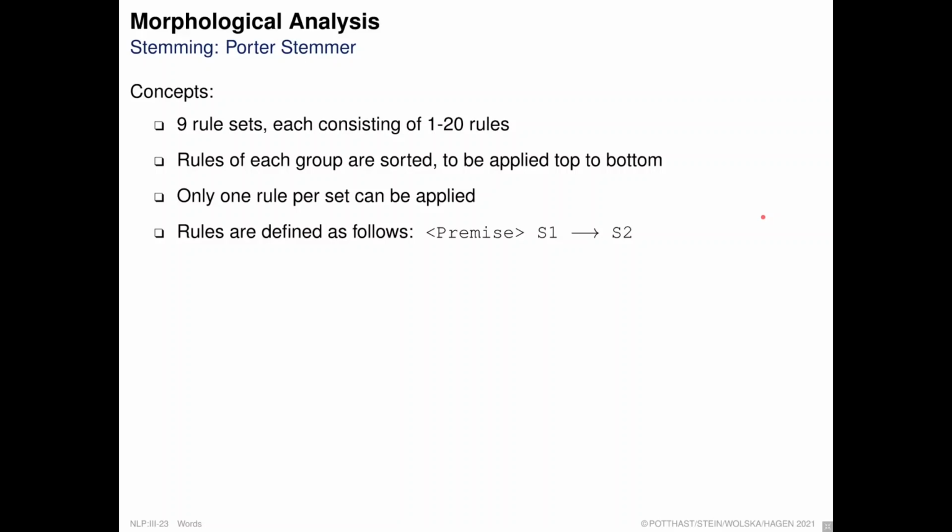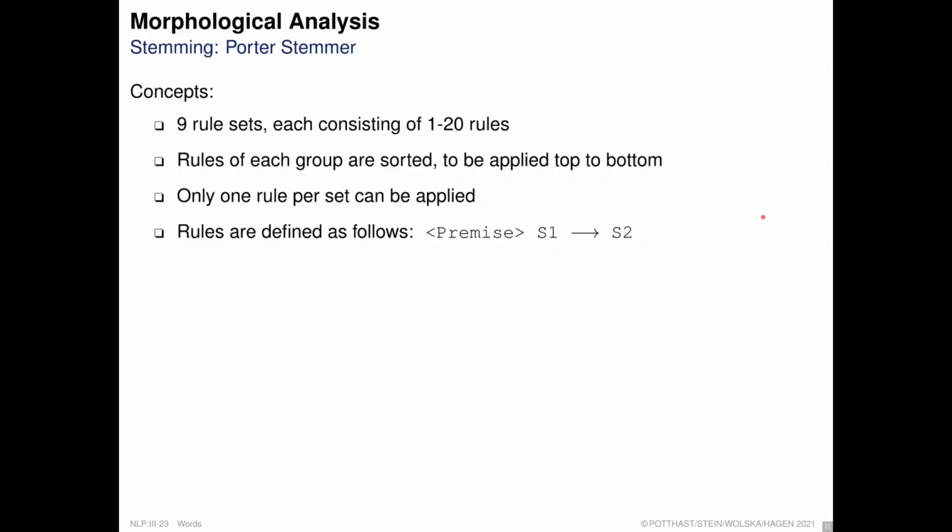One of the most frequently used stemmers is the Porter stemmer. This is a rule-based stemmer. It's still very successful, and like I said, one of the most widely used stemmers even today, even though its principle is quite simple. Of course, nowadays there are also deep learning-based morphological analyzers and stemmers. But the Porter stemmer is fast and quite simple.